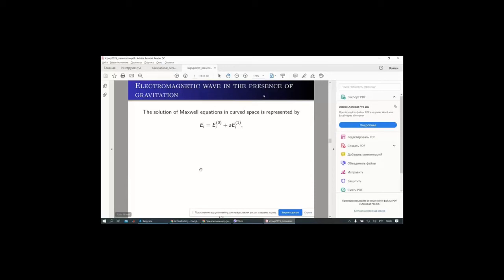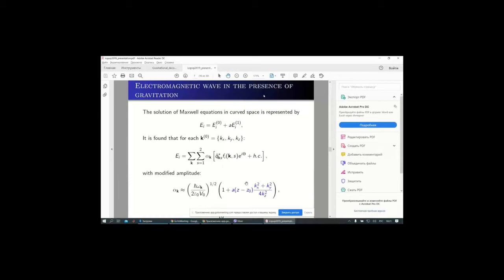So we have the solution for a plane wave, and find additions to the amplitude, to the polarization vectors, and to the phase of the system. This system has an analytical solution, and these are the additions to the amplitude, to the polarization vector, to the phase, and to the wave vector.